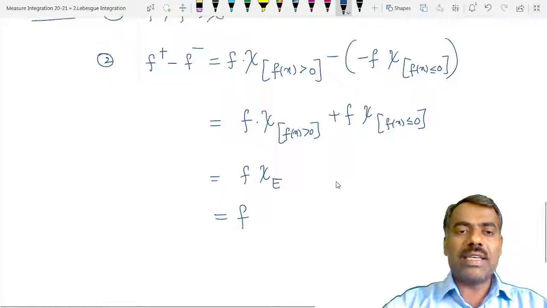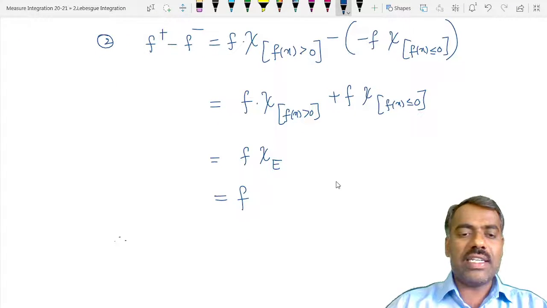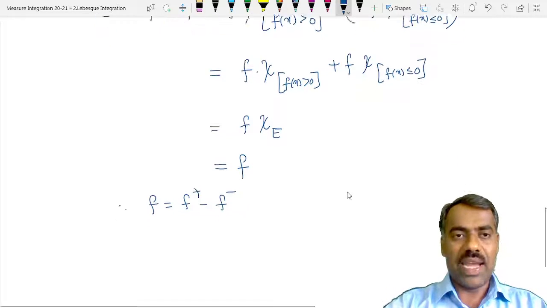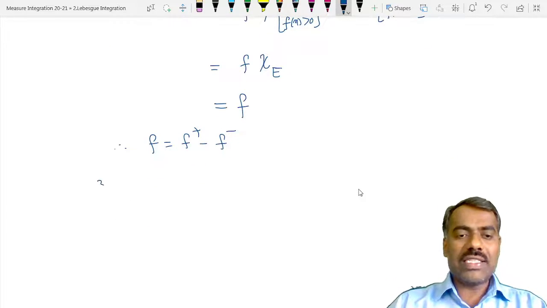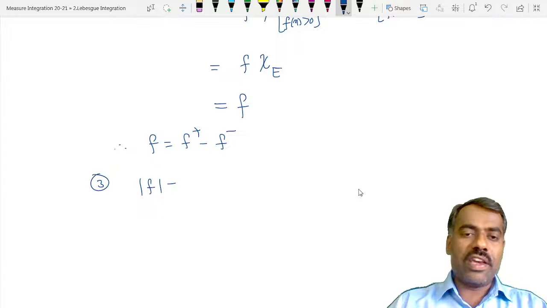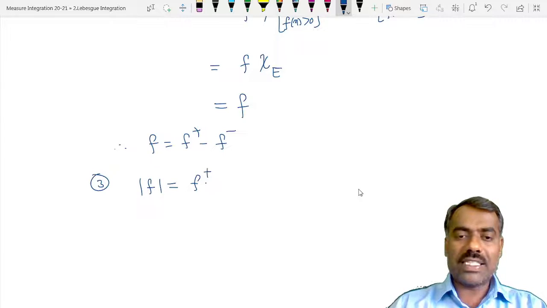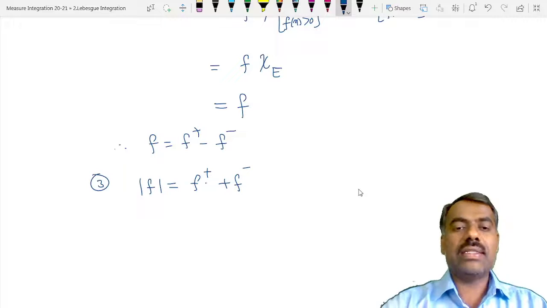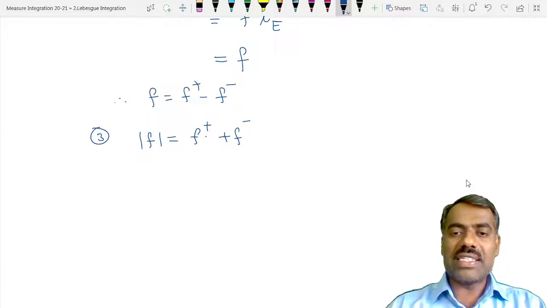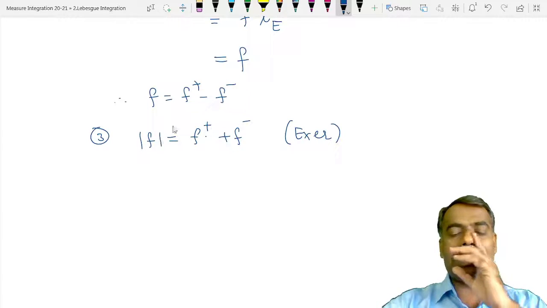So therefore what we have noticed is that f can be written as f plus minus f minus. Similarly, you can check that absolute value, mod f, is nothing but f plus plus f minus. Okay, so I'll leave this as an exercise. Verify f plus plus f minus is the same as mod f.